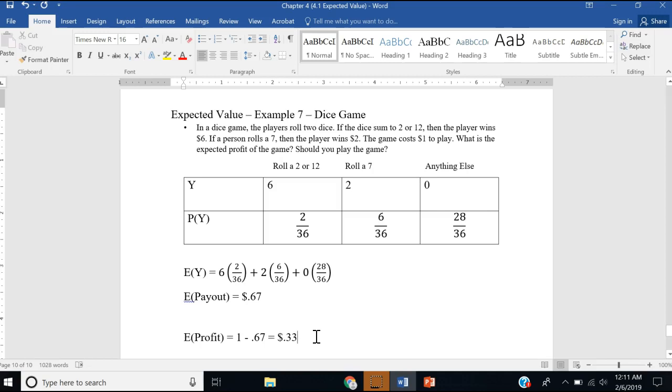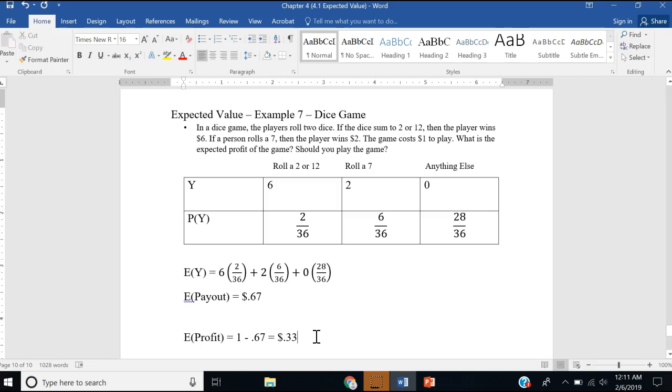Now, obviously, if I ask, should you play the game? Should you be the person putting the dollar in? I hope that we all can conclude, based on this data, that no, this is not a good game to play. You're losing 33 cents every dollar you put down. So it would be an unwise game to play.